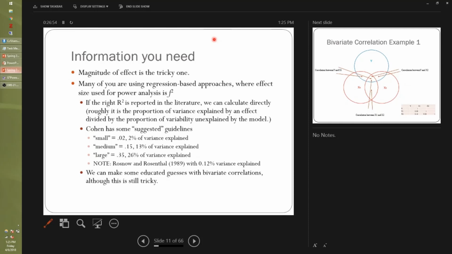So the classic example is Rosenau and Rosenthal, 1989, which was a study about the effect of taking a small dose of aspirin on heart attacks. Partway through this study, they did an analysis of the data that they had gotten so far, and it showed that 0.12% of the variance in heart attacks was explained by taking this aspirin, right? And so really what it meant is taking aspirin reduced your chance of heart attack by like 0.1%, right?